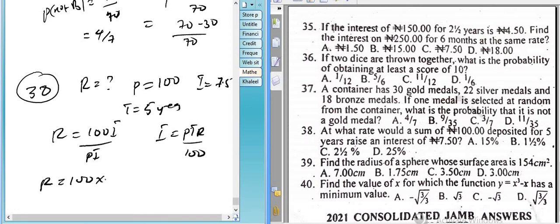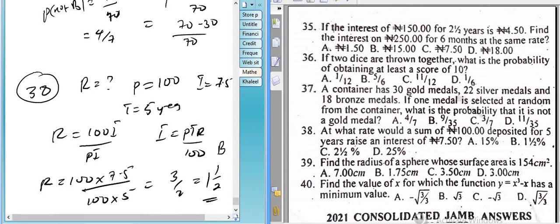So rate is going to be equal to 100 I all over PT, from I is equal to PTR over 100. So R is equal to 100 times I, our I is 7.5, all over principal is 100 times time is 5, which is equal to 3/2.